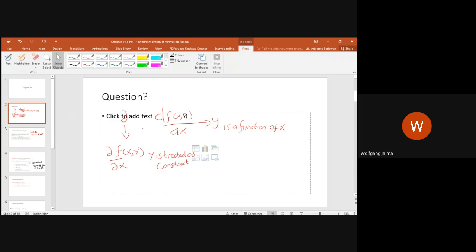While in the full derivative, the d with the straight one, the other variable, for example y, is usually a function of x, or maybe x is a function of y. Depends on the situation. But in the partial derivative, for sure the other variable is constant.